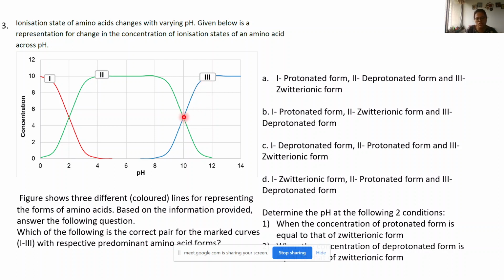So pH 10 is where the concentration of zwitterion and deprotonated form will be equivalent. If you see here, almost 50% has converted to the deprotonated form and almost 50% is zwitterionic form.